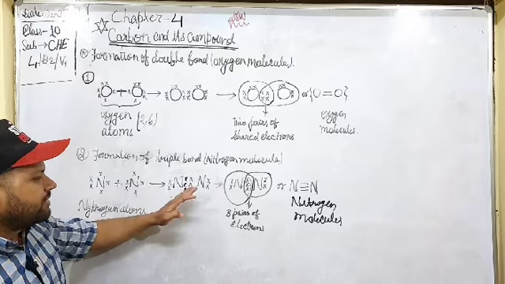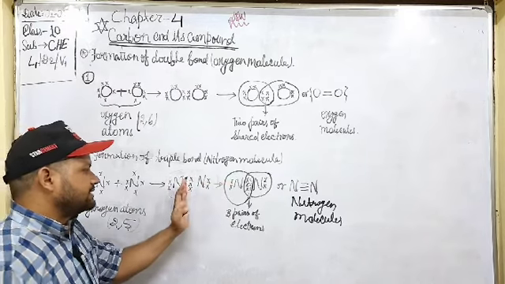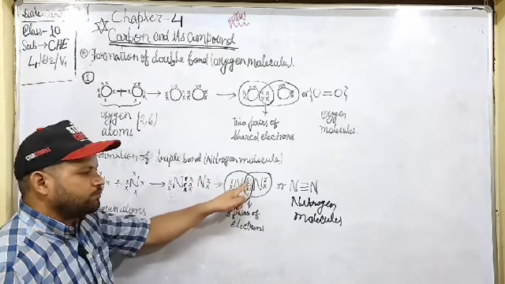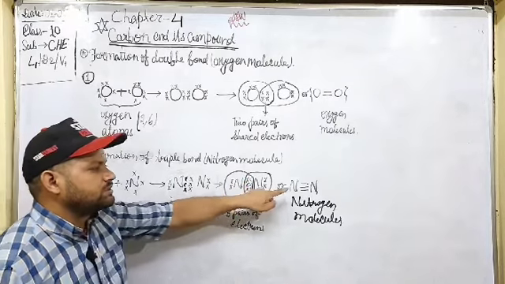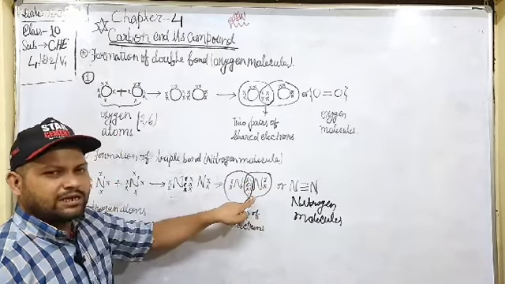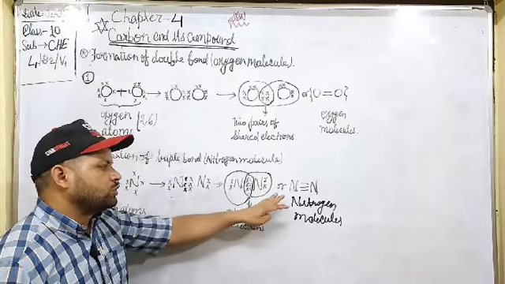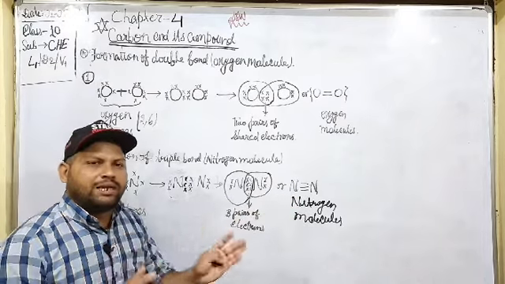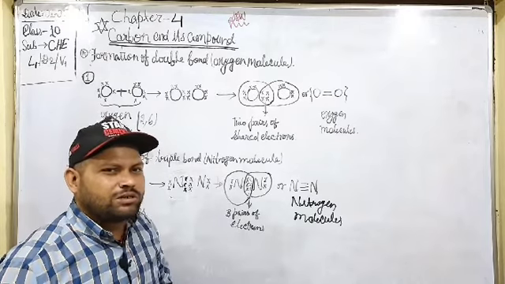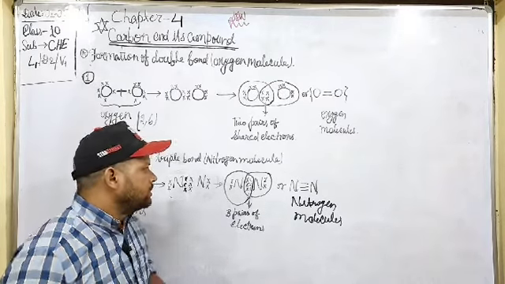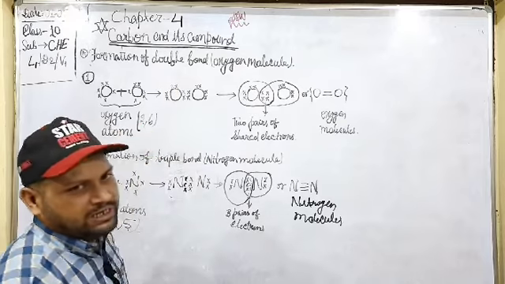After the completion of octet, one shared pair forms a single bond, another shared pair forms a double bond and another shared pair forms a triple bond. So the formation of three bonds takes place during the formation of nitrogen molecules. Understood? So you have to remember these things.